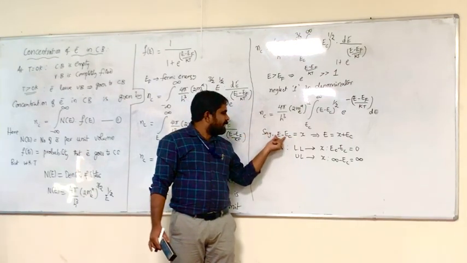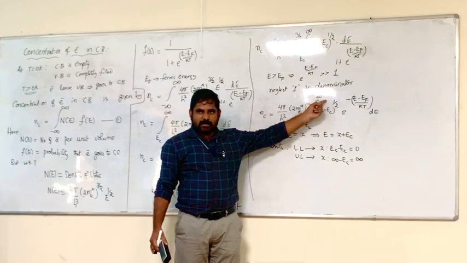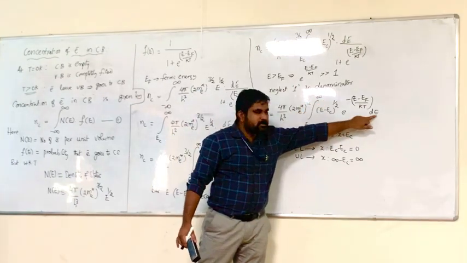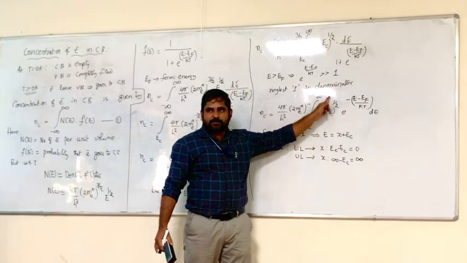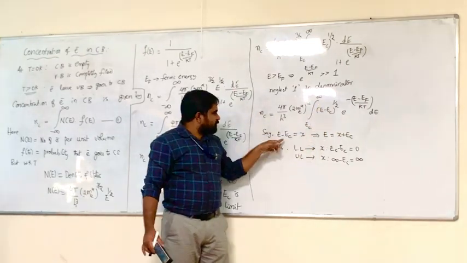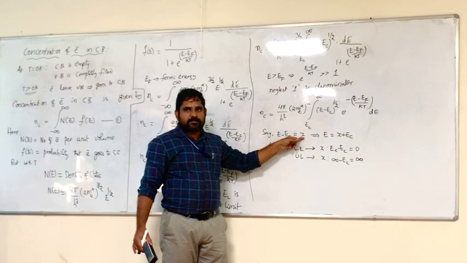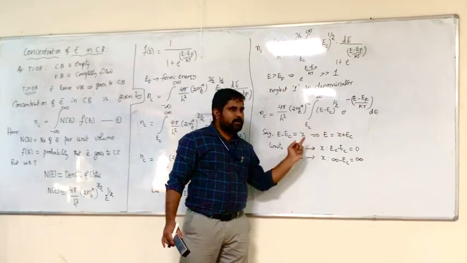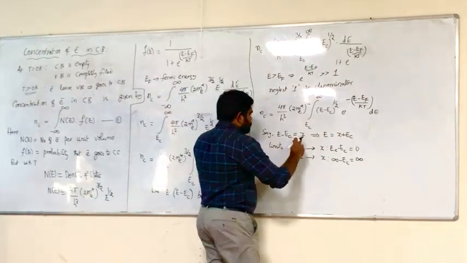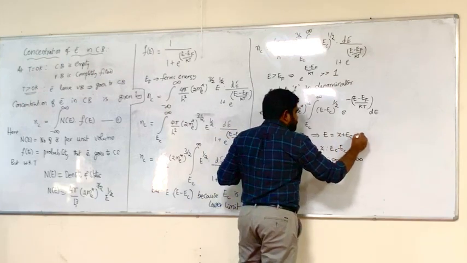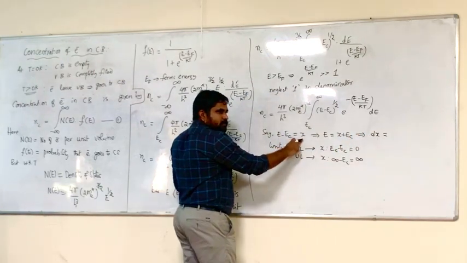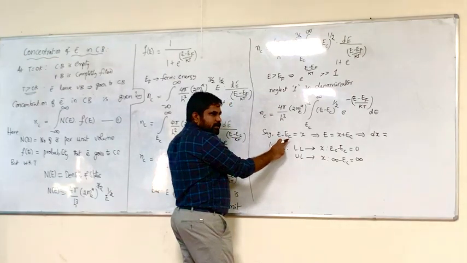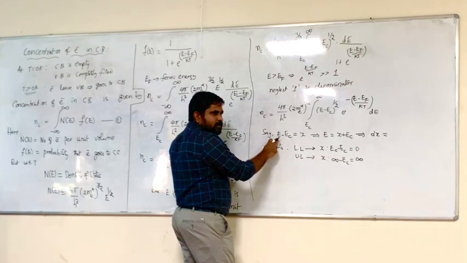Previously, E limits are from Ec to infinity, where energy is varying from Ec to infinity. Now instead of energy, you are putting it in terms of x, so dE should become dx. Let me write that. So now what is dx? Ec is constant, so it becomes 0. dx is equal to dE.